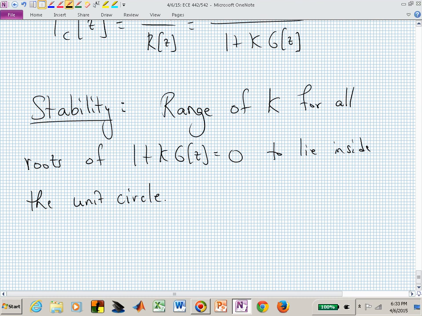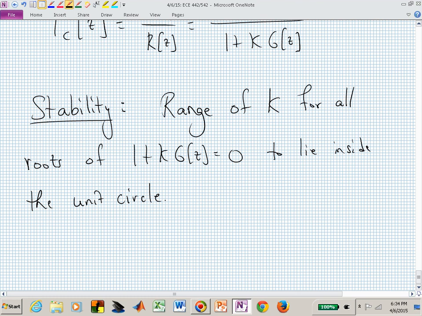Meaning, as this pattern of poles is moving around in the z-plane, and there are particular patterns for this, you have to find a range of k where they're all simultaneously inside the unit circle. If you can't do that, you can't stabilize the system with a proportional controller. If just one is remaining outside the unit circle, that's all it takes to be unstable.